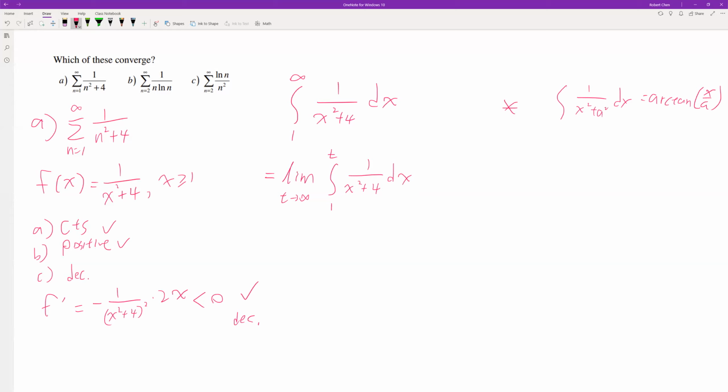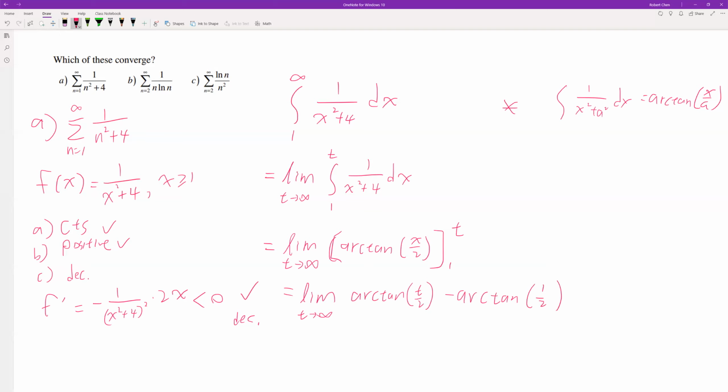All right, and then what do we have? We have arctangent of x over 2 going from 1 to t. All right, and then that gives us limit as t approaches infinity of arctangent t over 2 minus arctangent 1/2.